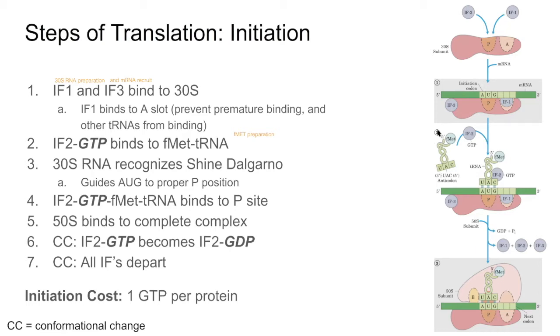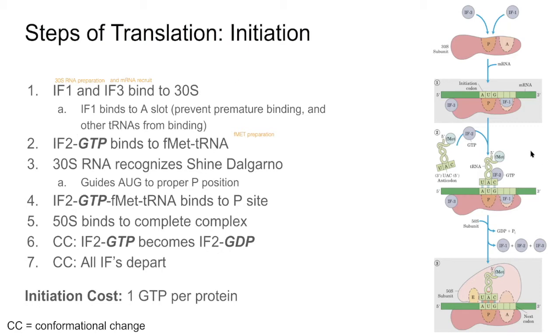Hopefully you can review the last slides to see how this happens. This fMet tRNA will bind to IF2-GTP. And one thing to notice is a pattern: when something is GTP bound, it always does something that will make it GDP bound. So we're going to talk about GTPases like that from now on.